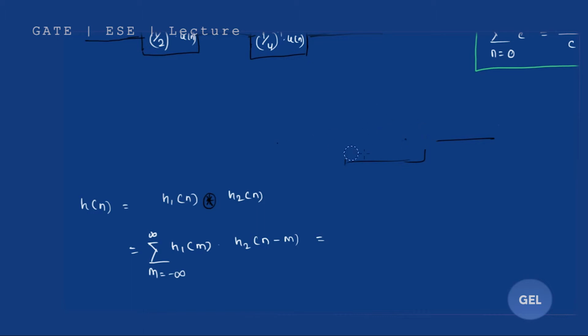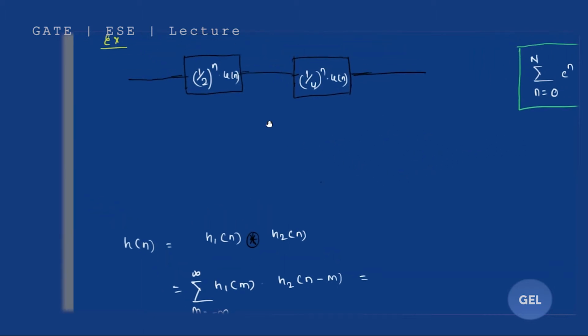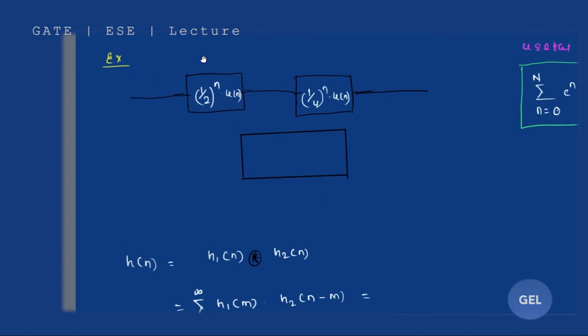If you want to replace them by an equivalent model, and the impulse response of this one is h1[n] and this is h2[n], then the equivalent impulse response that replaces them will be nothing but h1[n] convolved with h2[n].